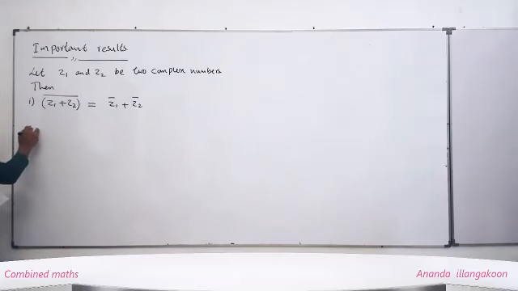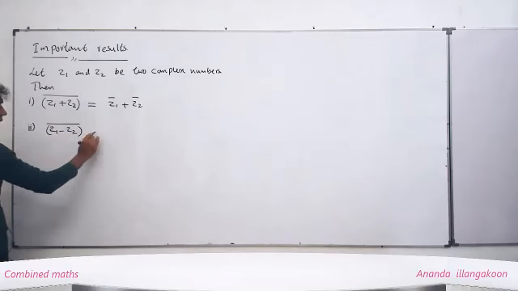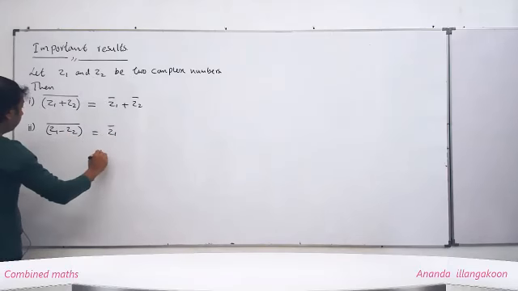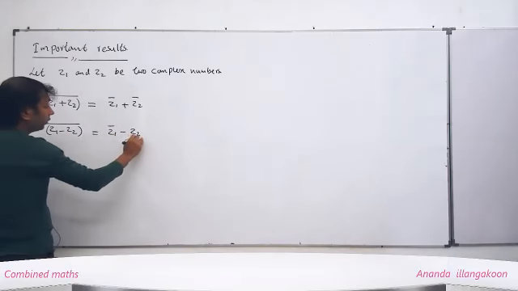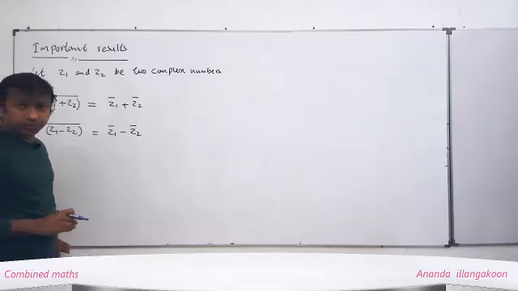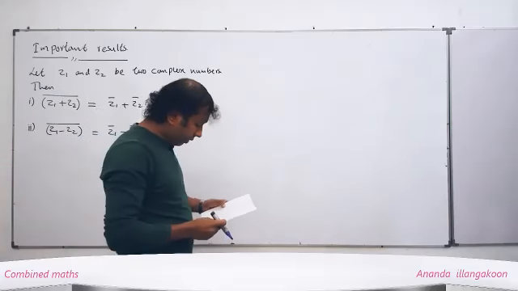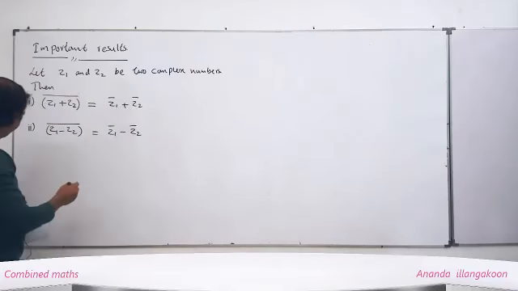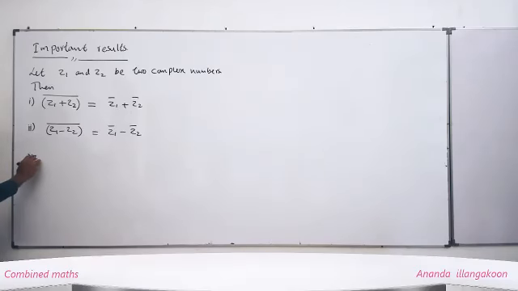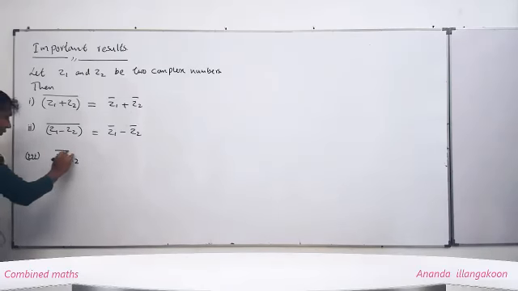Number two, the conjugate of Z1 minus Z2. Similarly, Z1 conjugate minus Z2 conjugate, right? Okay. Third one, people, we multiply Z1 and Z2 and we take its conjugate.